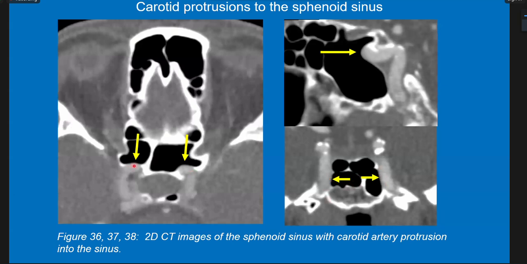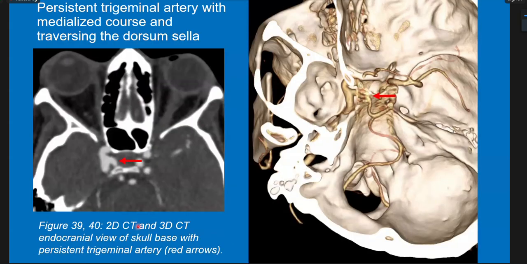As you can see here on the AP, you have the coronal, also on the sagittal image. So they need to know this because normally the pre-op is very important to avoid injury to the ICA.